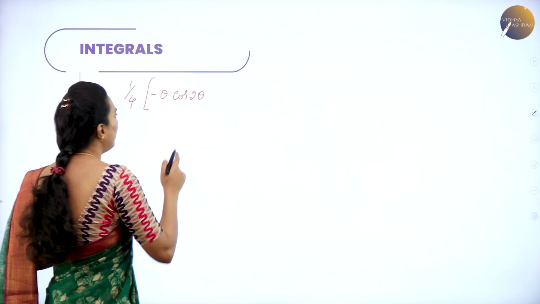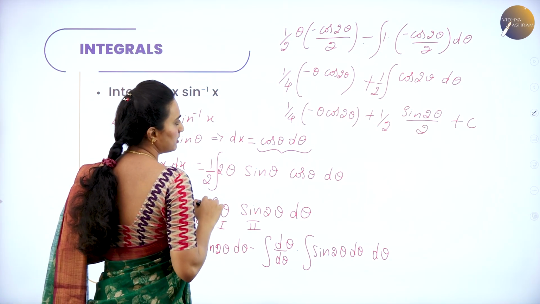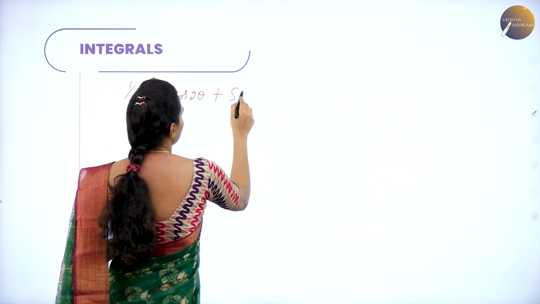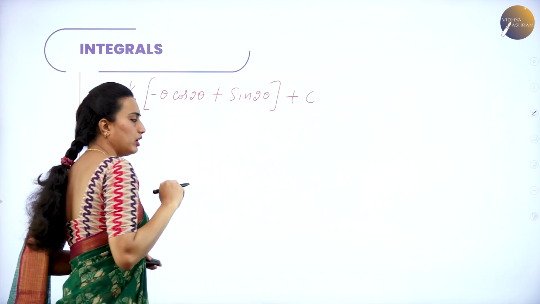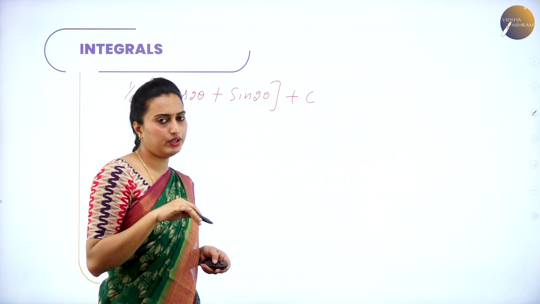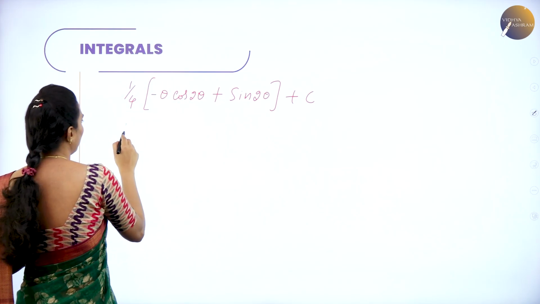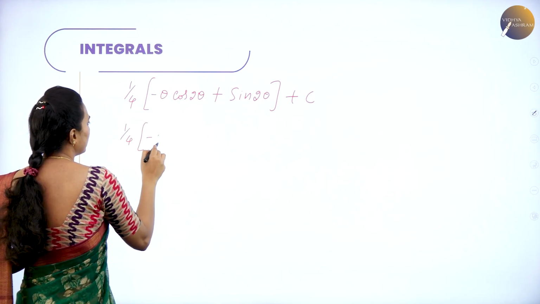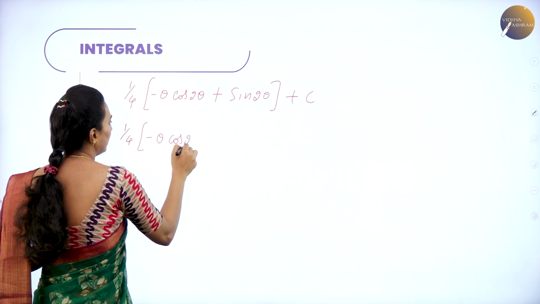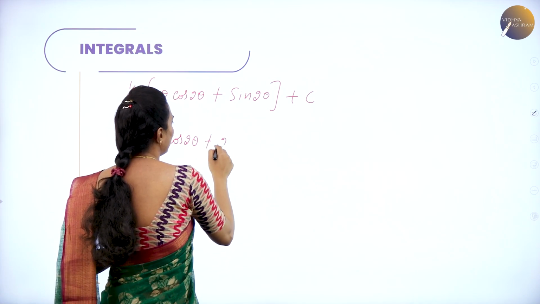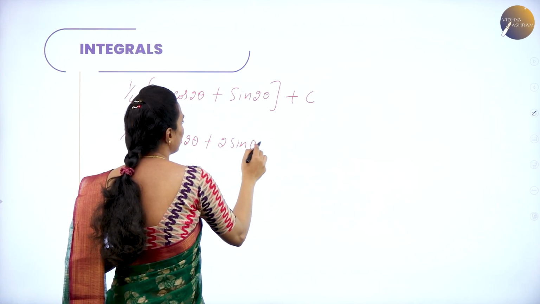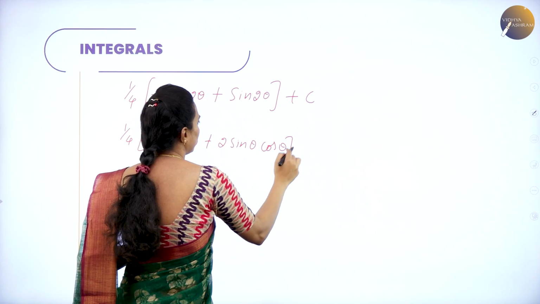So therefore plus you are having sine 2 theta plus c. Now substituting back theta, sine 2 theta can be written as 1 by 4 into minus theta into cos 2 theta, plus 2 sine theta into cos theta plus c.